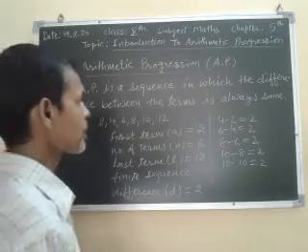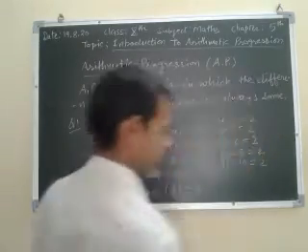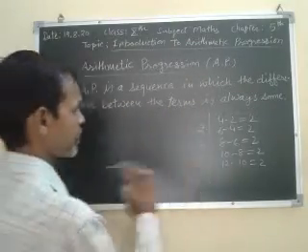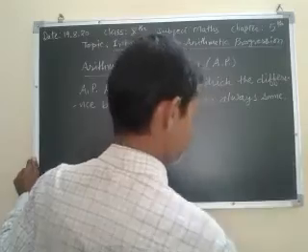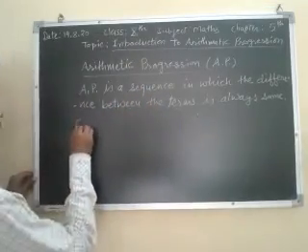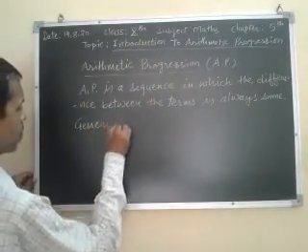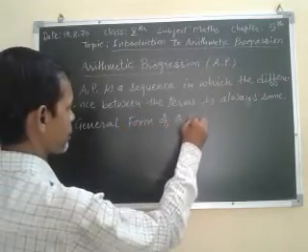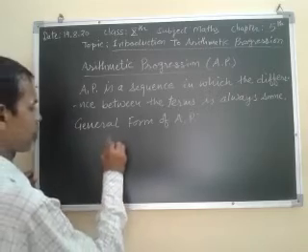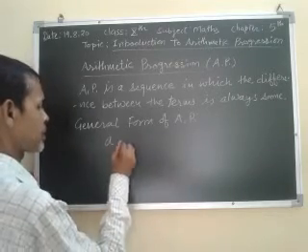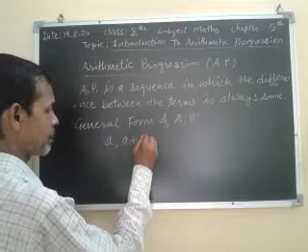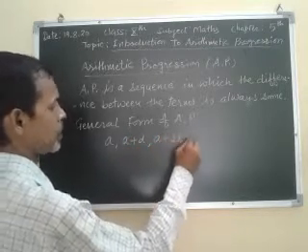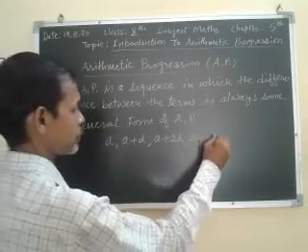Now, what is the general form of AP? First we have to discuss the general form. If a is the first term and d is the difference, then the second term is a plus d, the third term is a plus 2d, the fourth is a plus 3d.